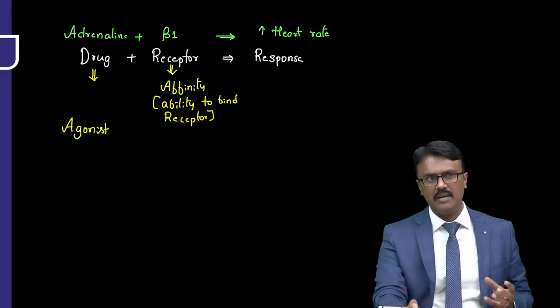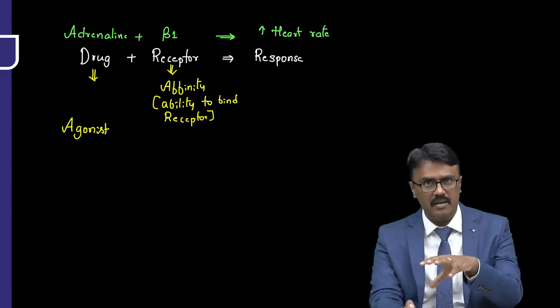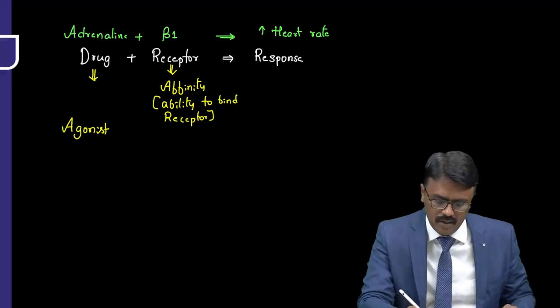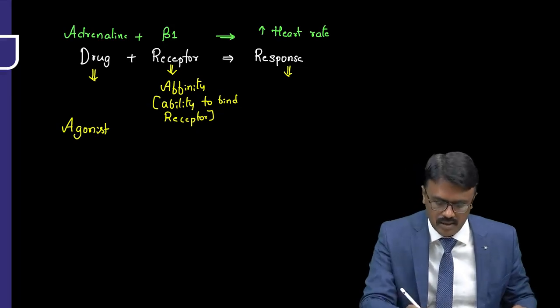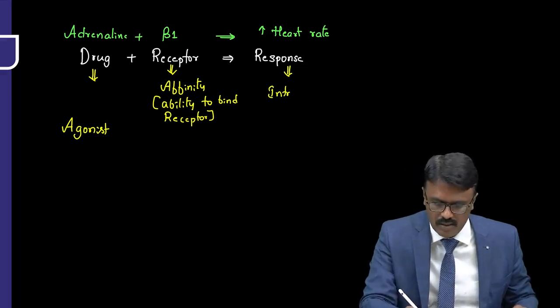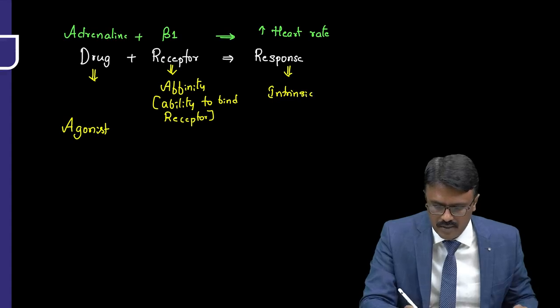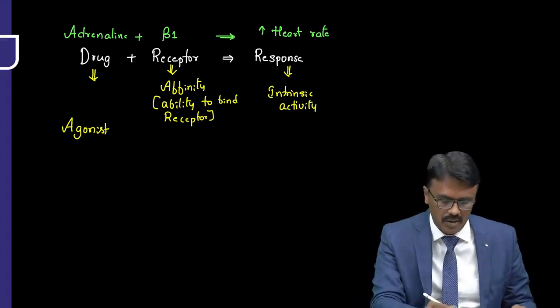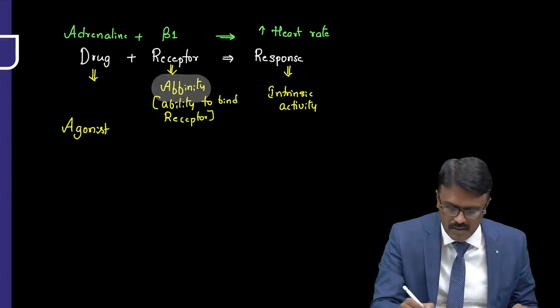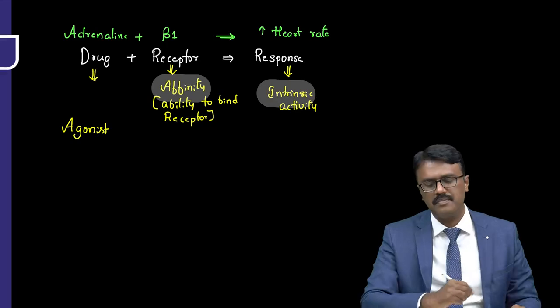So when we give the drug, it should bind to the receptor. Now once it binds to the receptor, it should not sit quiet. It should produce some response. That response is also called intrinsic activity. So you learn two terms: affinity and intrinsic activity.